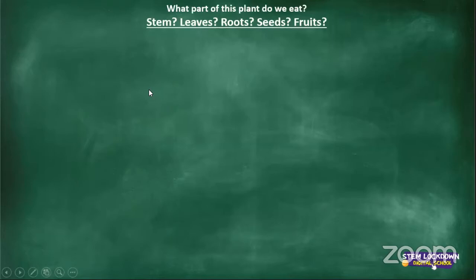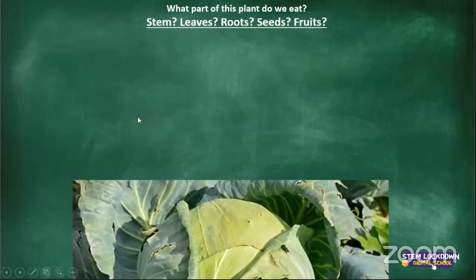Very, very good. Now with the pictures that are about to come up, you're going to explain to me which part of the plant we eat. Are we eating the stem, the leaves, the roots, seeds, or the fruit? There are going to be several pictures coming up, and you're going to tell me which part of the plant humans eat. Here is the first one.